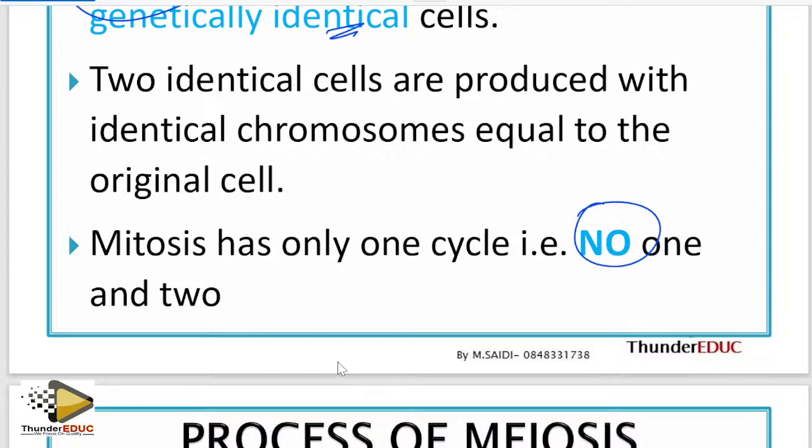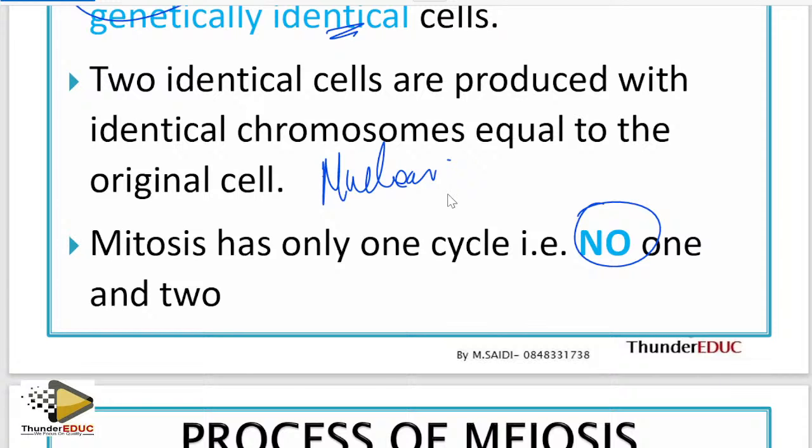Meiosis has two nuclear divisions, while mitosis has one nuclear division, meaning that meiosis has meiosis 1 and meiosis 2, while mitosis doesn't have those.